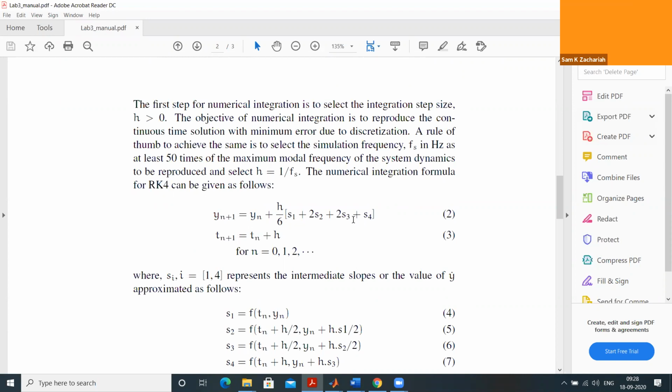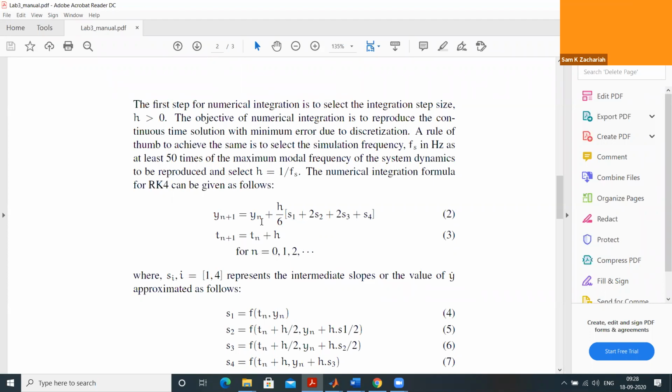This is done by a 4-step process in RK4. So 4 corresponds to a 4-step derivative evaluation. Once that is over, you will estimate yn plus 1 using this, and tn plus 1 is advanced, and n is varying from 0, 1, 2 onwards.